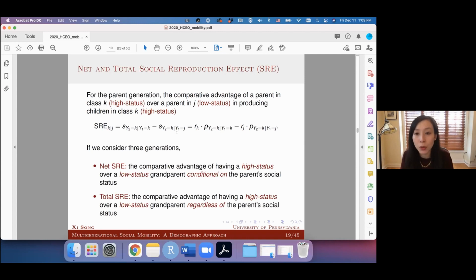Whereas the total social reproduction effect measures the comparative advantage of having a high status versus a low status grandfather, regardless of the parent's social status. So the first is more similar to our conditional probability, and the second, the total effect, is similar to our unconditional probability. The only difference is that now I measure it in terms of numbers rather than probabilities.